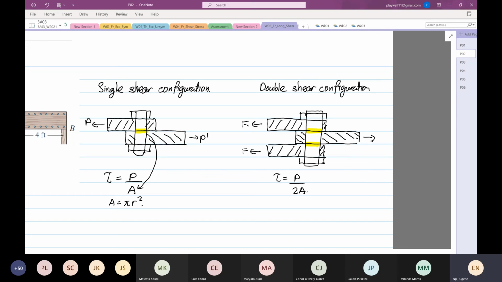So I'll write down here a note: single shear will generate higher stresses, higher shear stress.